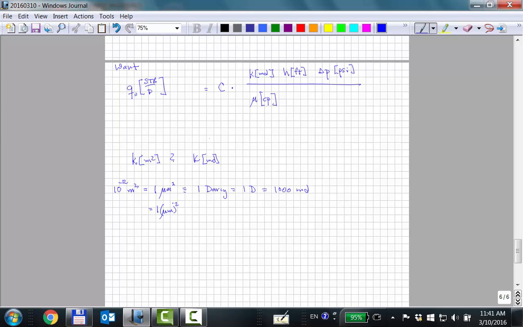So we get 10 to the minus 12 meters squared is equal to 1,000 millidarcies. So 1 millidarcy is equal to how many meters squared? Okay, so that's the conversion unit we need.